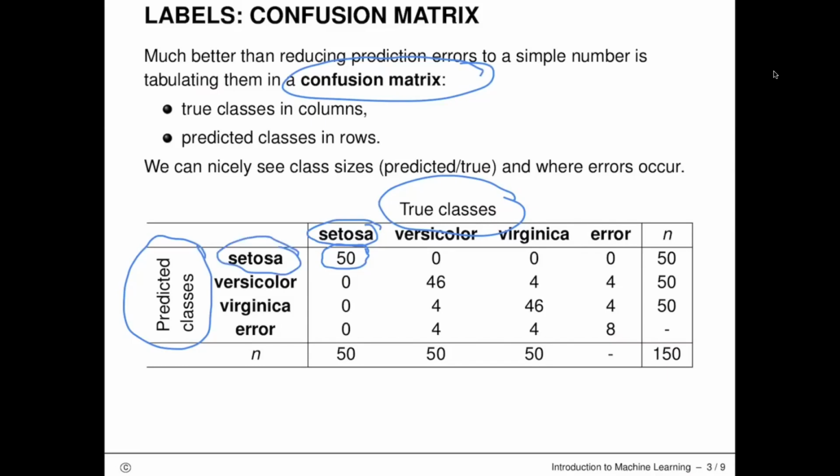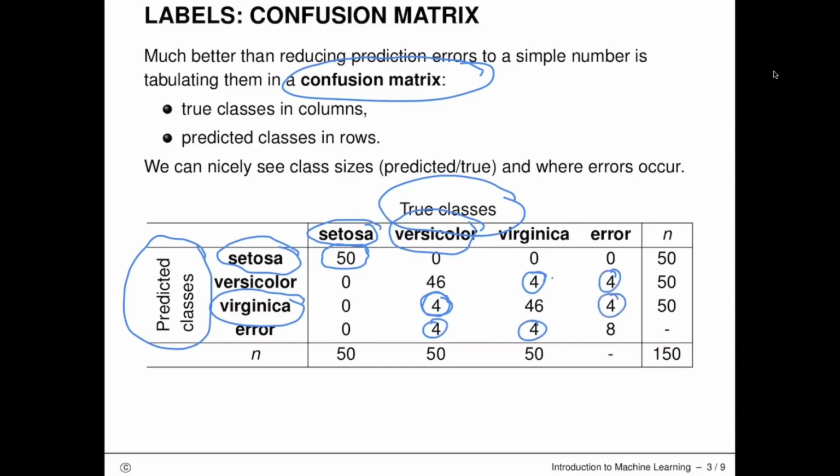And for example, this number 4 here means that we have 4 versicolor, which were incorrectly classified as virginica. So we made 4 errors here. And the same holds for the other error terms here.